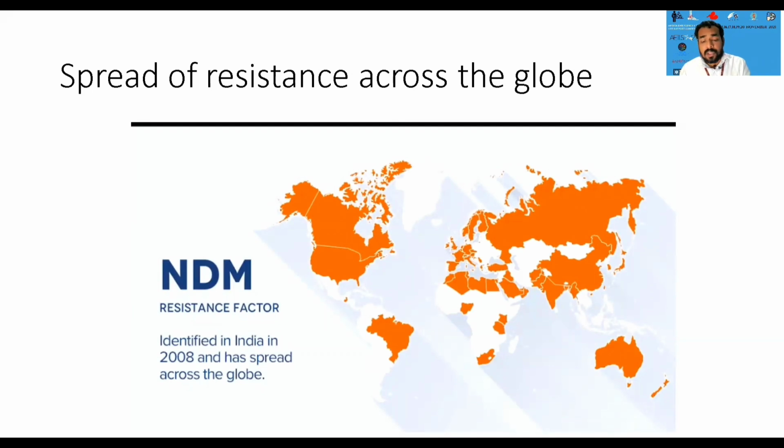So we are in an era where there is practically no travel restriction. Of course, now because of the COVID times, we are facing some travel restrictions. Otherwise, it was a free world and the boundaries were more apparent than real. And in such a situation, antibiotic resistance, if not curbed, will spread all across the globe.